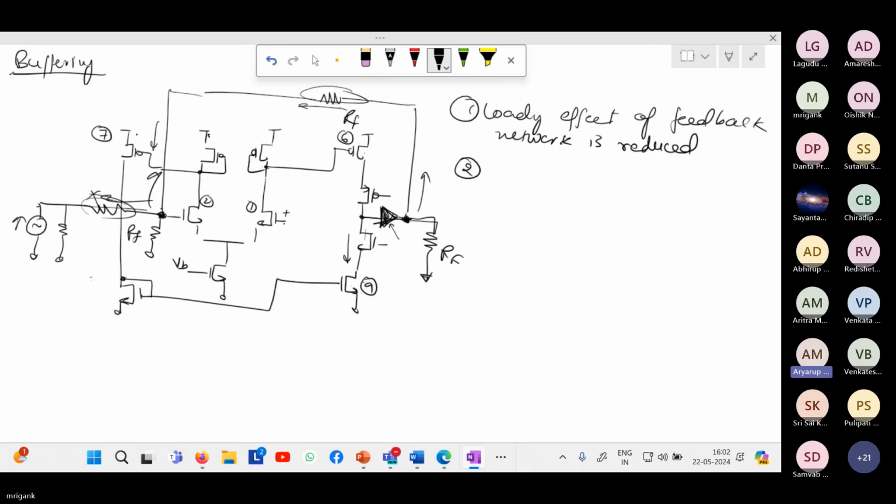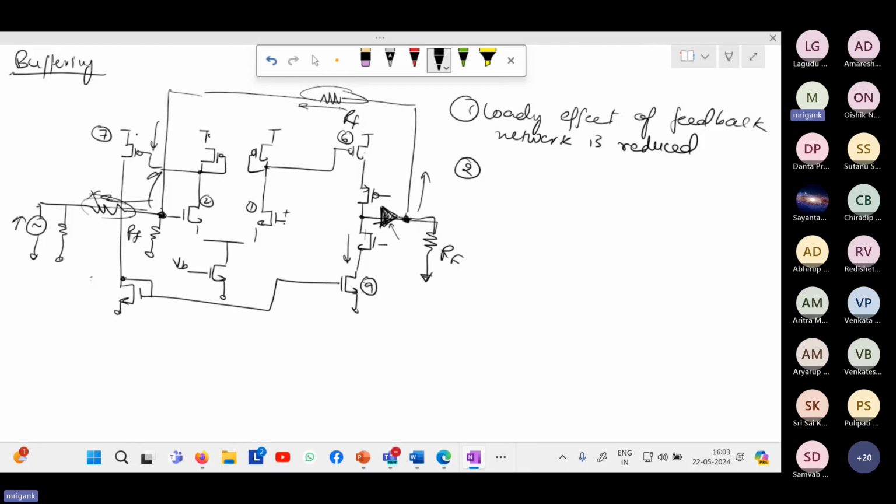So to separate two stages. So why do you need to separate two stages? Sir, if I directly connect this to another stage, the effective resistance seen by this may load the second stage.